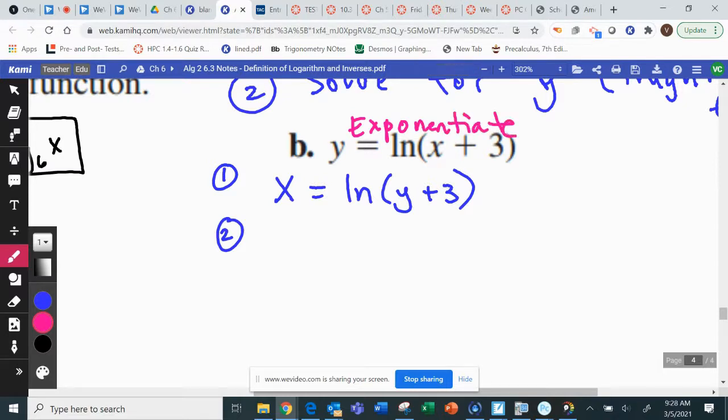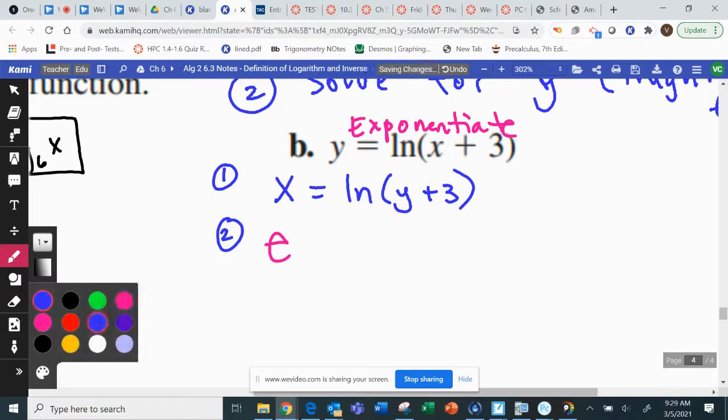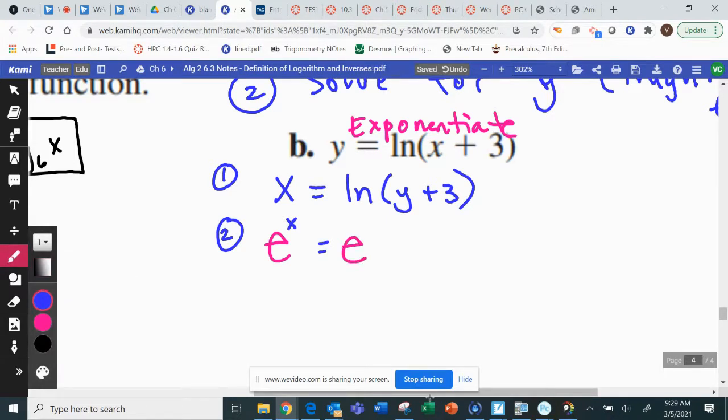So I need to pick a base that will cancel out that logarithm, which is the natural logarithm. E is the base. So I do E, and I'm exponentiating, so x becomes the exponent, equals E to the ln y plus 3. E to the ln cancel.